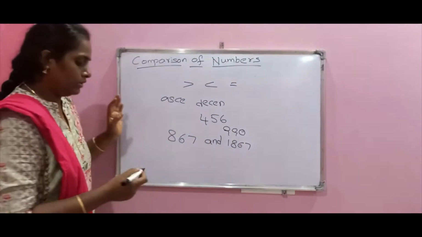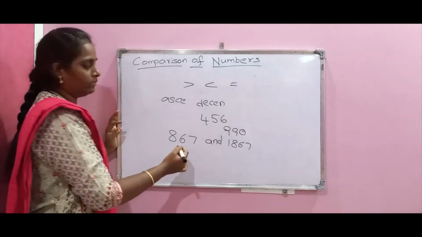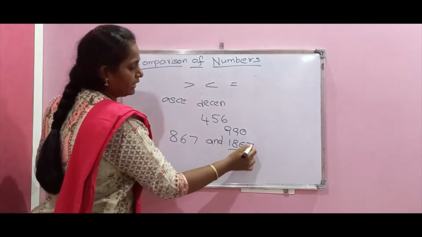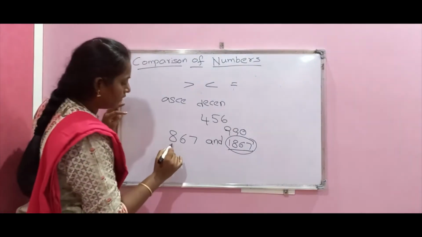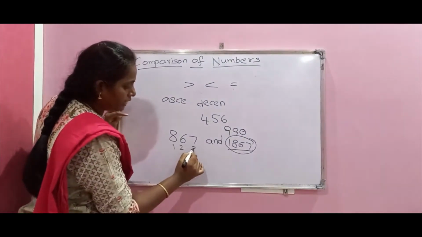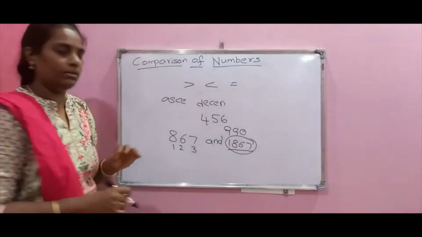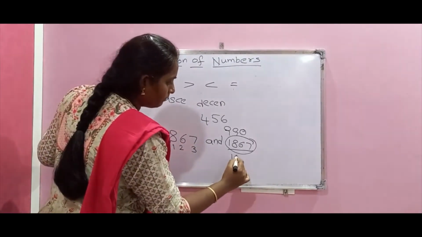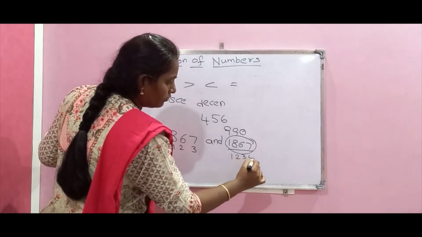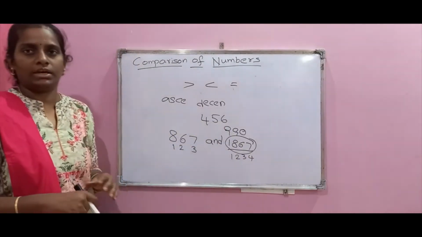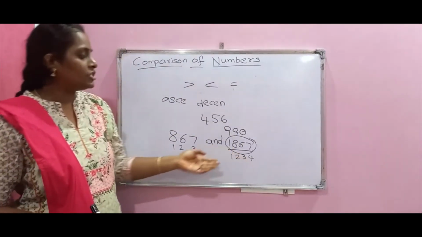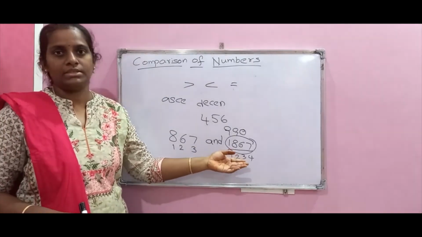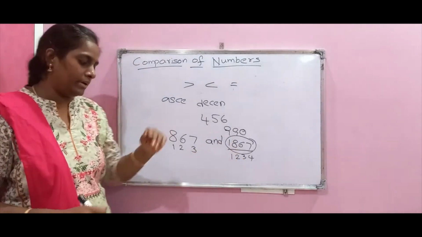First check which is the biggest number of these two. This is the biggest number. How? Here there are 3 digits, but here there are 4 digits. It means this is the biggest number. The number which has more digits is the biggest number.